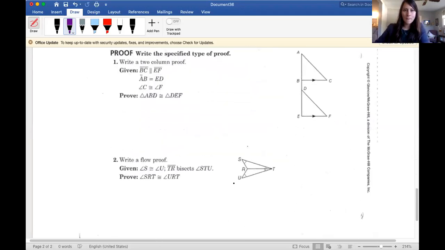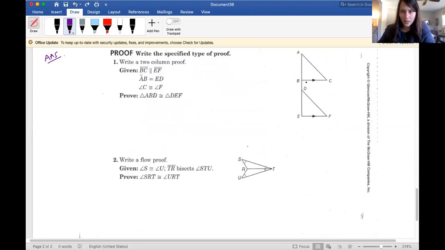What we're going to do here is take a look at the information, and the goal now is to use angle side to prove our triangles to be congruent. That maybe is a big hint to know what direction we need to go. Anytime we see parallel lines, immediately you should be thinking, is it alternate interior, alternate exterior, or consecutive angles?